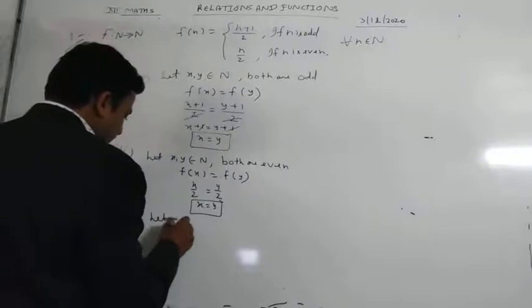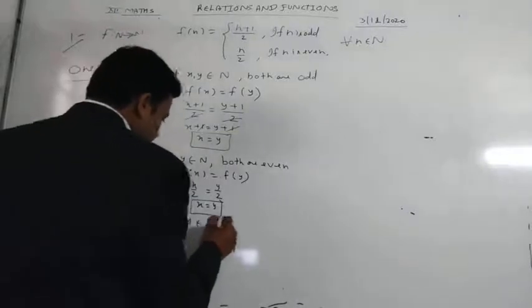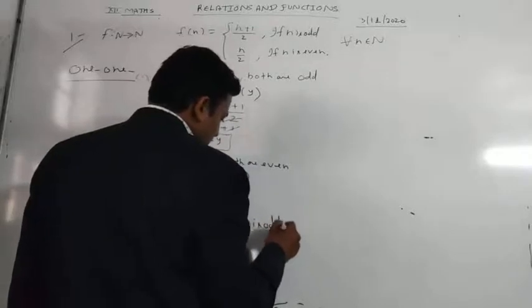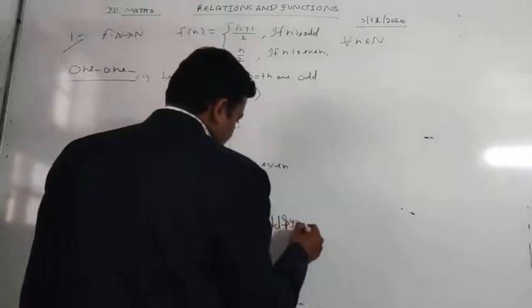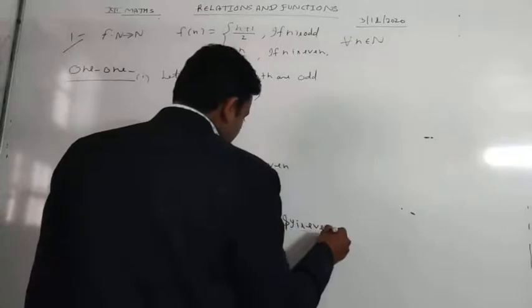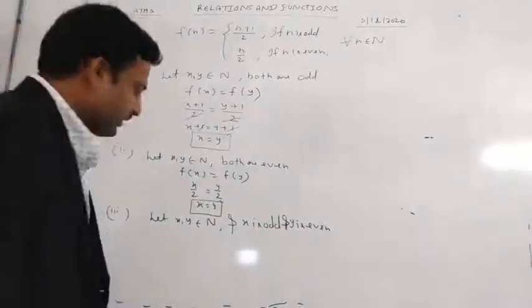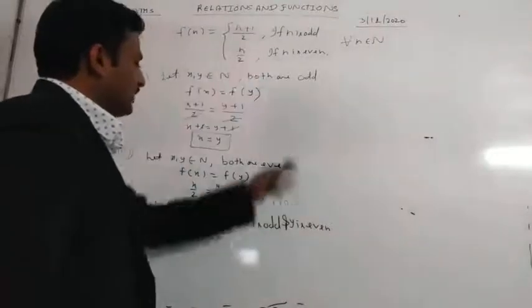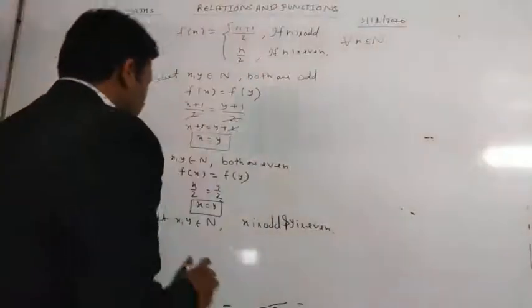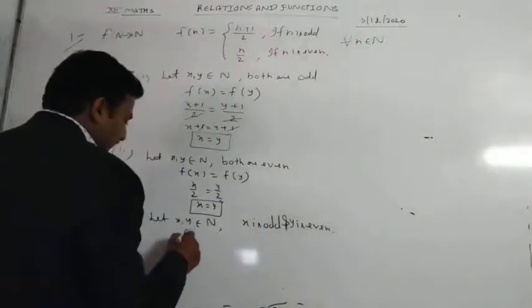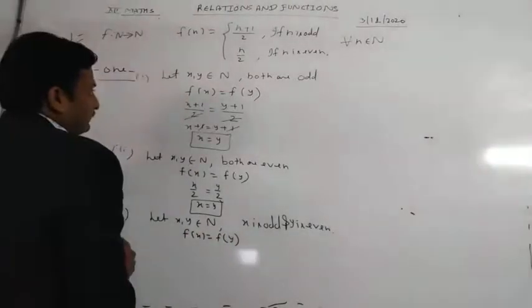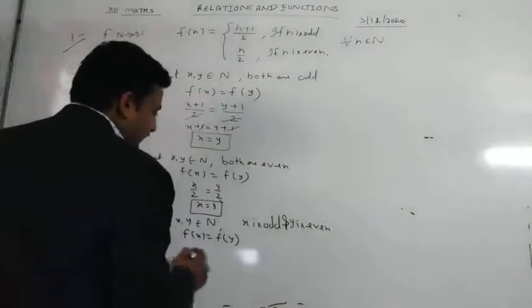Let x, y belong to N and x is odd and y is even. In this case, we are supposing that x is an odd number and y is an even number. So f(x) is equal to f(y). We are taking this, but what do we get?